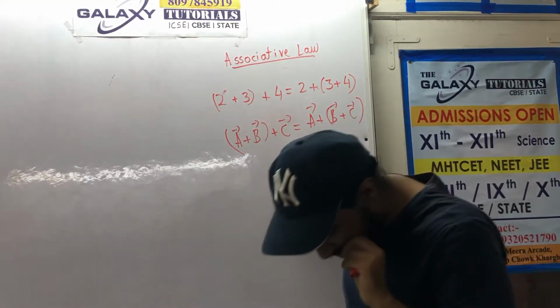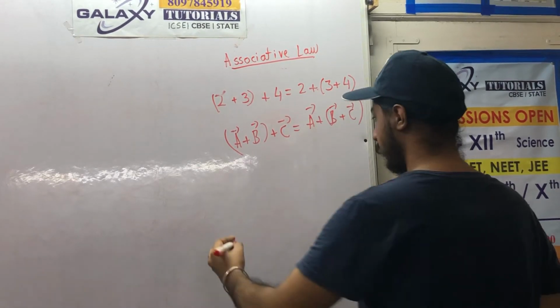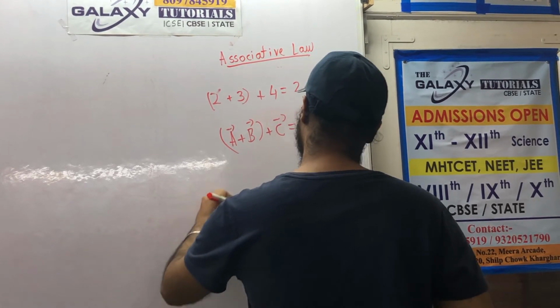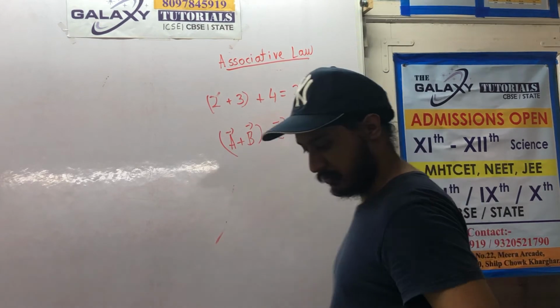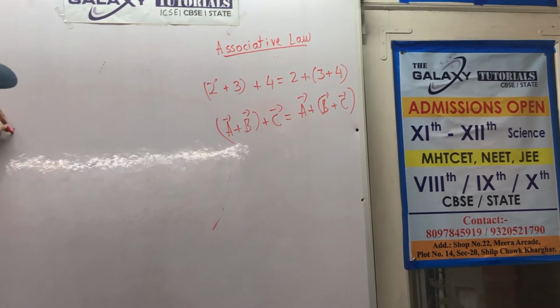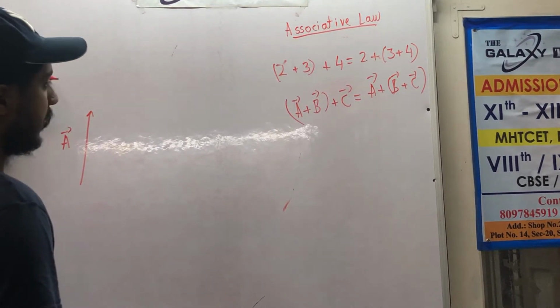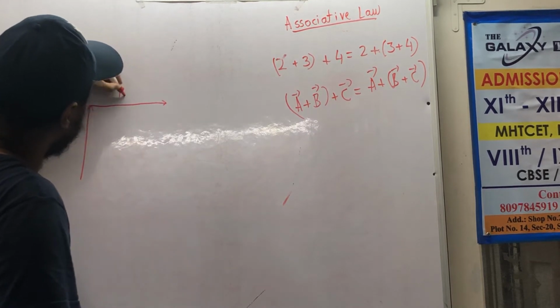Okay, so we will solve this one with a simple example. Let us assume this right here is a vector A. Okay, now this right here is a vector B.